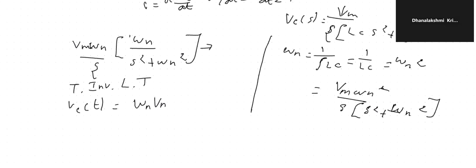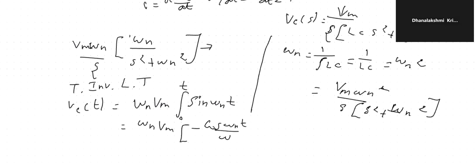Now we replace the integration term, so we get cos omega n t by omega n from 0 to t.